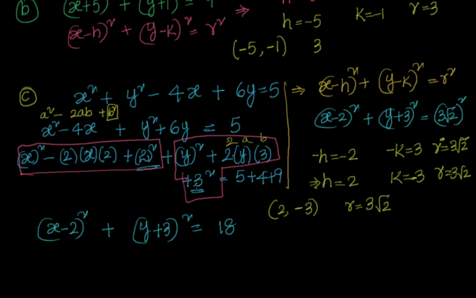Now when you add it on the left side, you should also add it on the right hand side to maintain the equilibrium. So you will have x minus 2 whole square plus y plus 3 whole square equal to 18, or 3 root 2 whole square. By comparing, you can see that h equal to 2, k equal to negative 3, and r equal to 3 root 2.